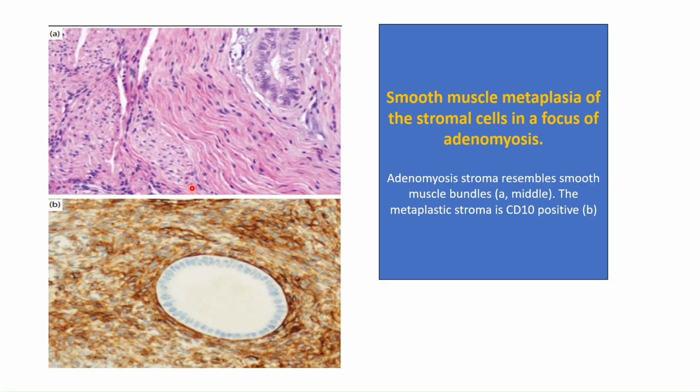So here in this section we can see adenomyosis, here the gland is present and this stroma is showing smooth muscle bundles, and this is the metaplastic stroma which is CD10 positive. So smooth muscle metaplasia is present, and this is the metaplastic change of this stroma, and this is the adenomyotic gland. So this is not an invasion.